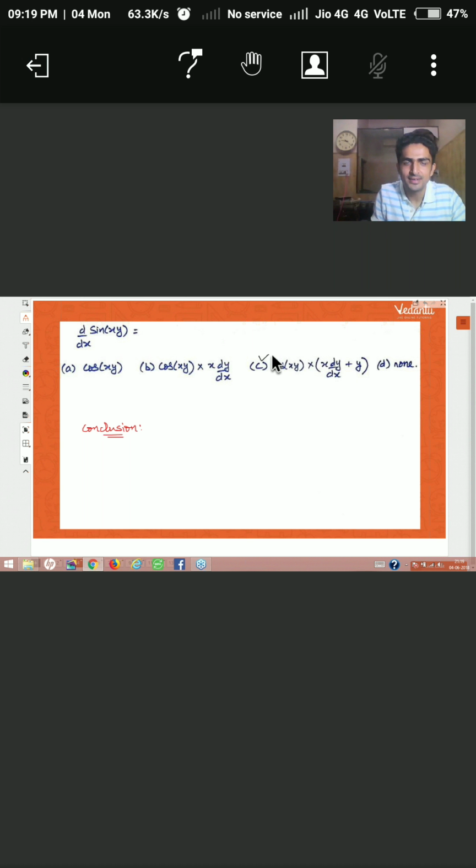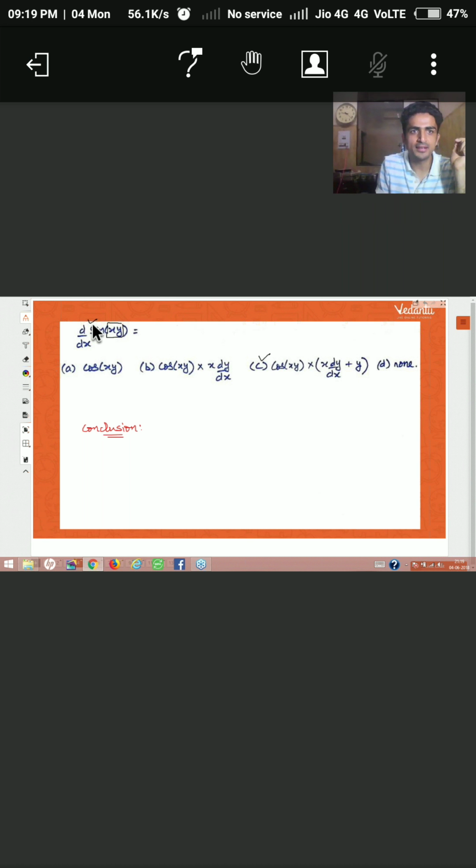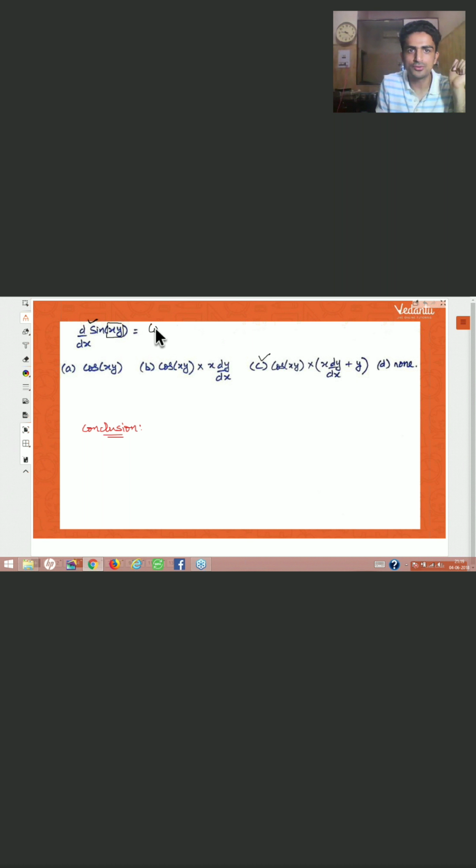First of all, the answer is C. How to do that? Simple. It is sine of something. So first we will differentiate sine. It is cos. And keep that inside thing as such, into the derivative of this inside term.